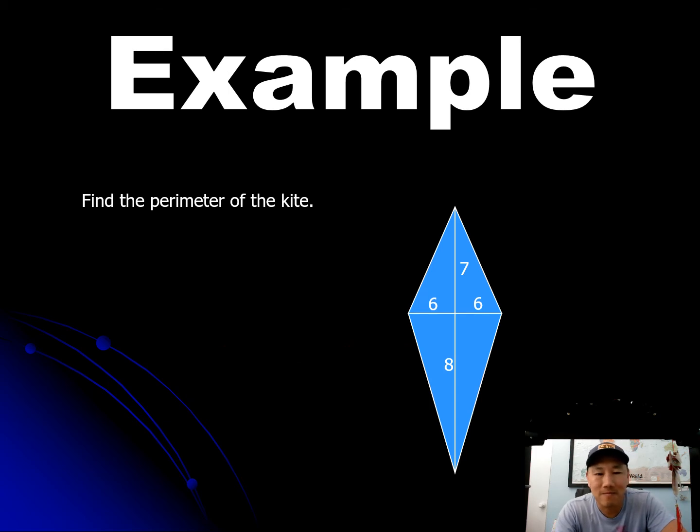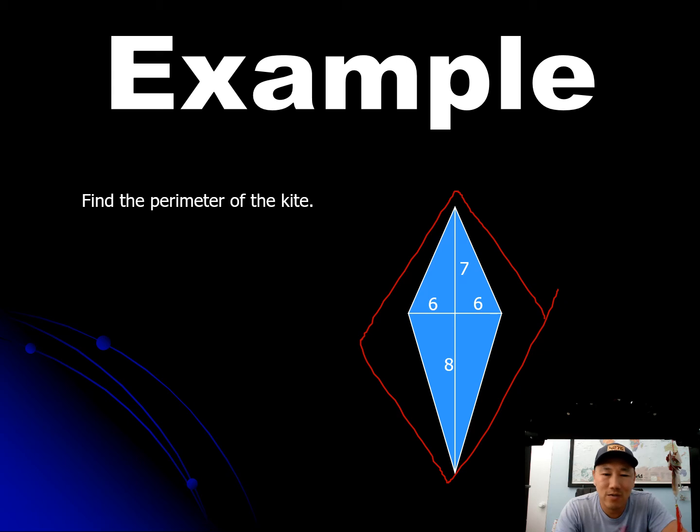Let's do an example. All right, so this example says you have a kite. You have to find the perimeter. Hopefully you guys remember perimeter means distance all the way around. All right, in order to do this, we don't have any of the sides. We only have the diagonals.